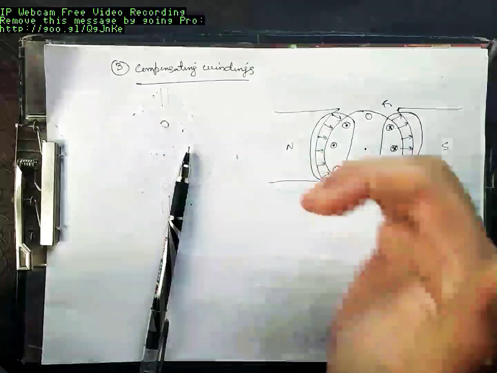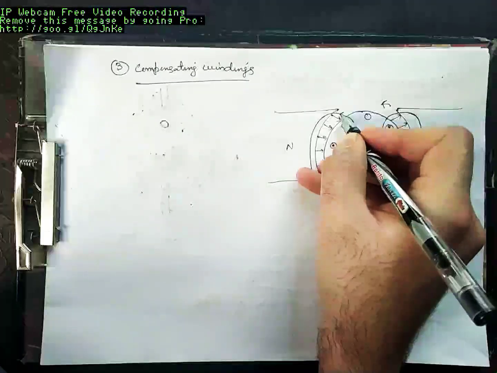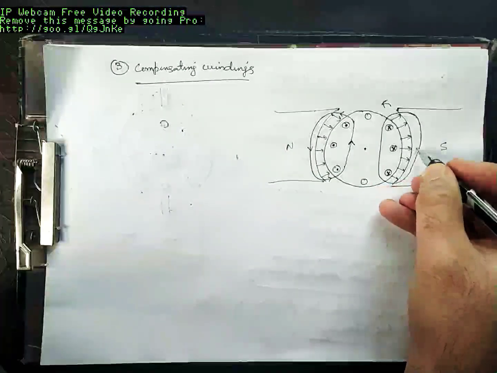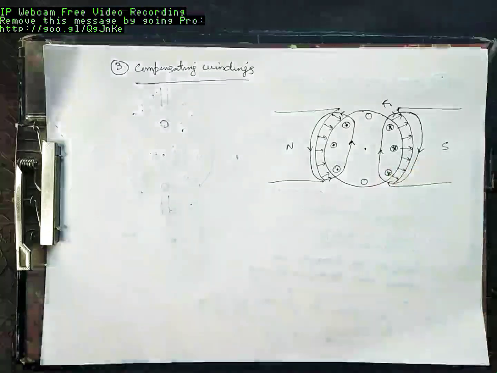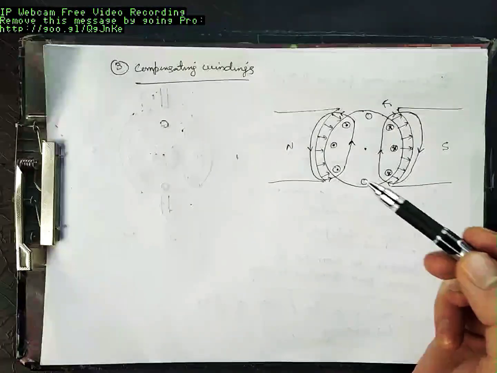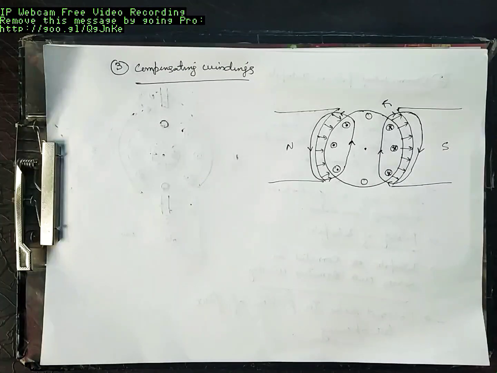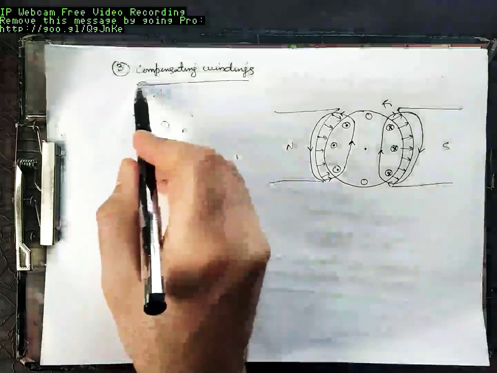Since this is current out of the plane of the page, this is anticlockwise. And this is clockwise. This is basically what causes armature reaction. Then the armature reaction causes magnetic neutral plane shift and flux weakening. Then how do compensating windings solve this?